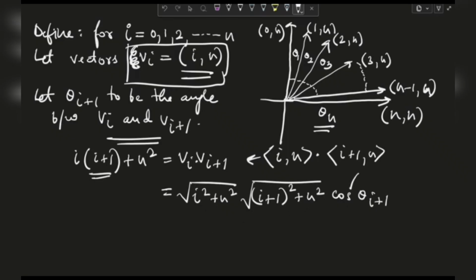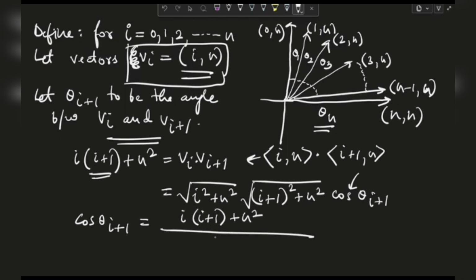So if we now take cosine theta i plus 1 and write all the other terms in terms of it, this will become i into i plus 1 plus n square, whole divided by root under i square plus n square and root under i plus 1 whole square plus n square. And that is where you will realize, a shocking discovery, that this thing and the term we had in between, that big sigma sign, are actually the same.